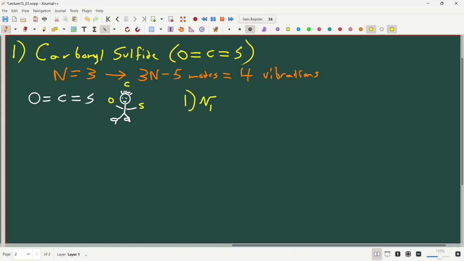Nu1, v1. So the quantum number label, if you will, remember v plus 1/2, we would say this is v sub 1 plus 1/2. And the nu1 for OCS, or really any molecule that's linear, is what's called the asymmetric stretch.